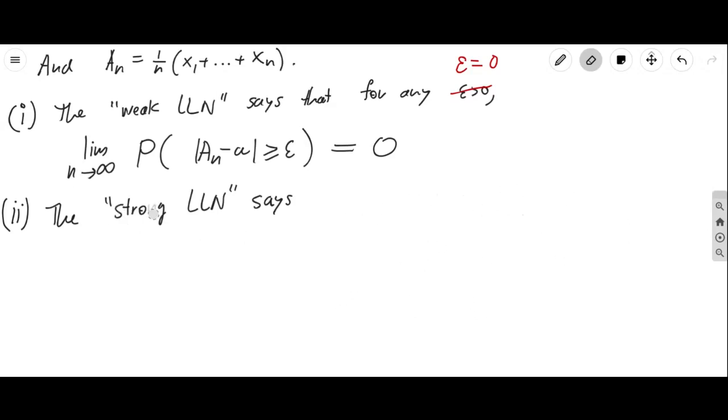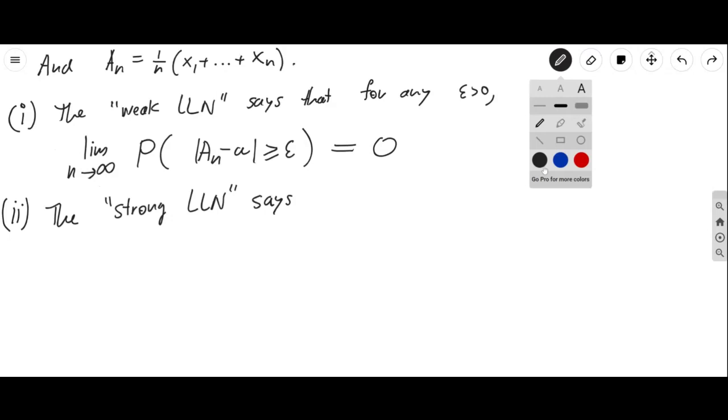So the other distinction in the strong law of large numbers is you set epsilon equal to 0, but you also do the limit first. So the limit is actually part of the event, and the probability is on the outside. You interchange those two.